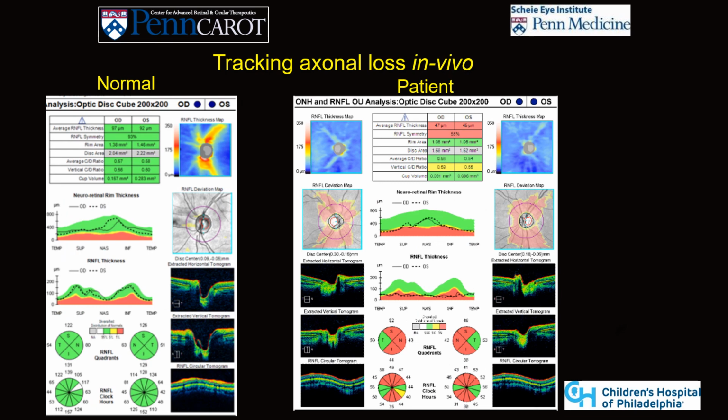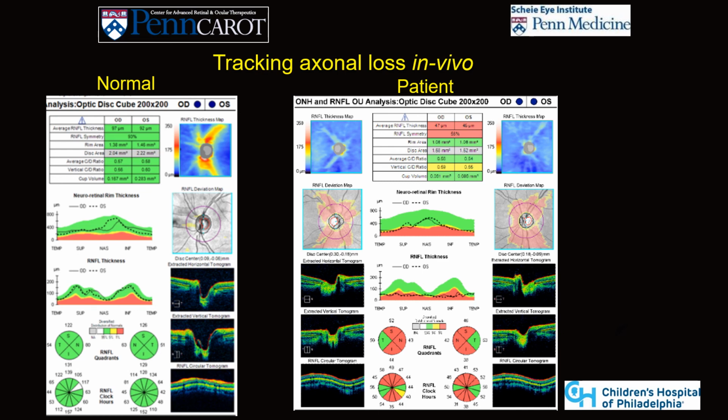And we can do tracking of the axons of those cells, of the ganglion cells, by doing a mapping of the retinal nerve fiber layer, which you can see here on the left. We do it through a circular scan here to the left. This circular scan would basically be sampling 100% of the axons that are leaving the eye, and you can generate a map of the thickness of the RNFL.